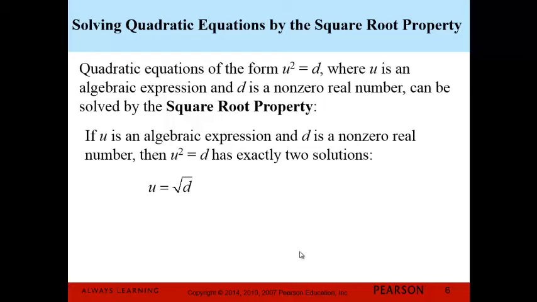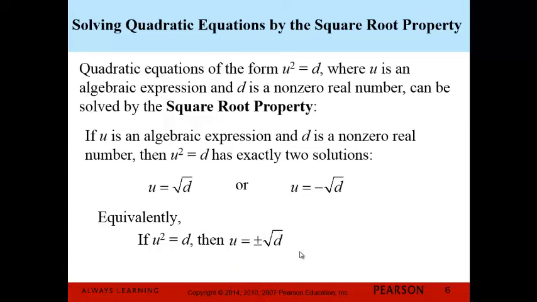Either u equals the square root of d, or u equals the square root of d times -1, or negative square root of d. A more concise way to say this is that if u squared equals d, then u equals plus or minus the square root of d. And notice this is exactly equivalent to what was stated above.